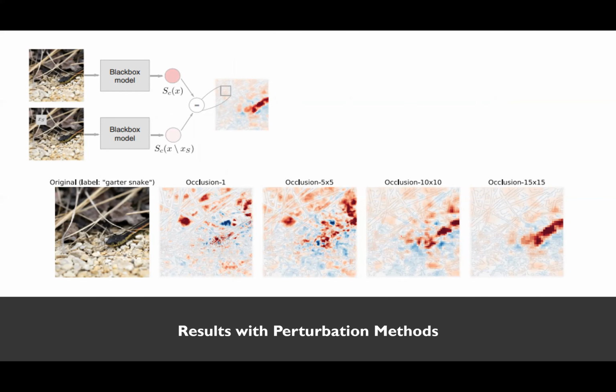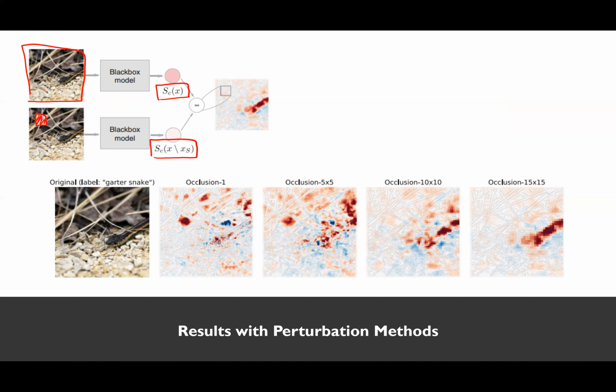As we discussed, that method is a little bit complicated, and one method we can consider is the perturbation method. This is the original image, and this is the image that we modify. We put a hole with a gray box, using either a base value, minimum value, or average value, and so on. Then we find how much cartoon snake is predicted in the final output, and how much it is predicted when this part is occluded.